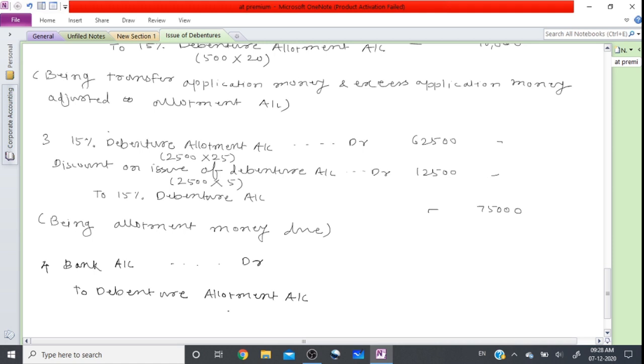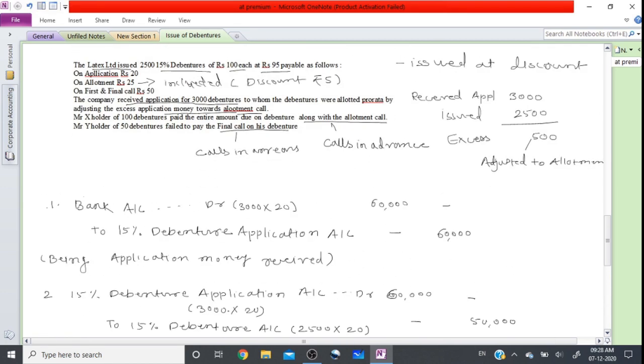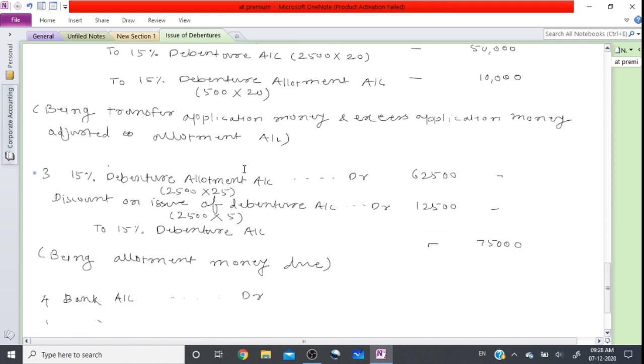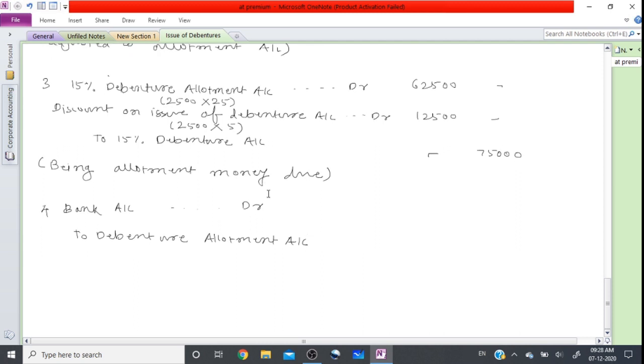And who is that person? See here, Mr. X, holder of 100 debentures, paid the entire amount due on debenture along with the allotment call. So while receiving the allotment money, we receive the money from Mr. X. So that we have to mention here. So for the calls in advance entry, bank account debit to debenture calls in advance account.